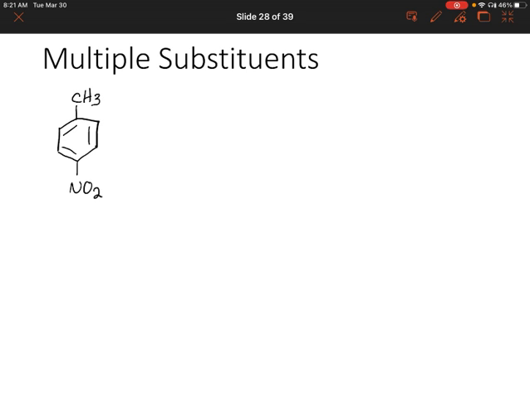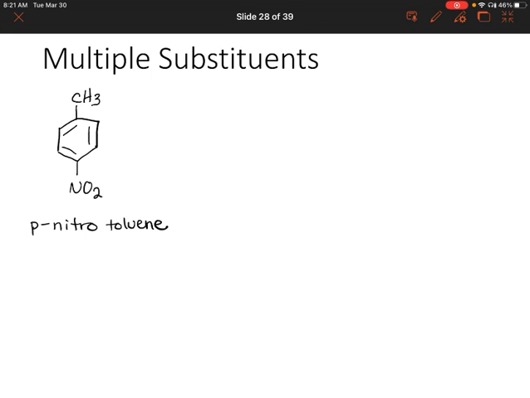So remember, we want to try to find the parent name, and that would be toluene. And toluene is a benzene ring with a methyl group attached. But then we want to indicate where the nitro group is. There's a couple different ways we could do that. We could say that it's in the para position, so we could just write p-nitro in front of toluene.